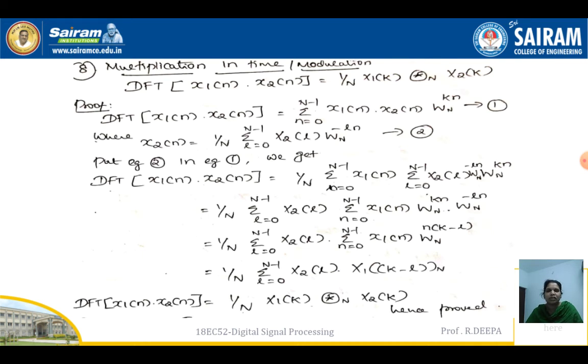That is, DFT of x1 of n into x2 of n is equal to 1 by n x1 of k circular convolute x2 of k. So this is the statement for the multiplication in time property.